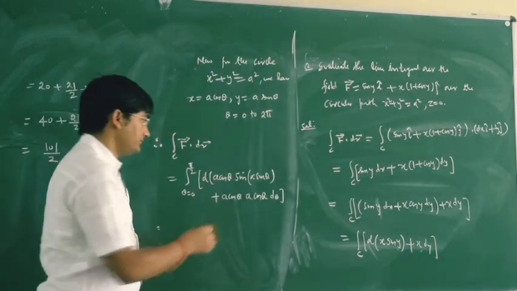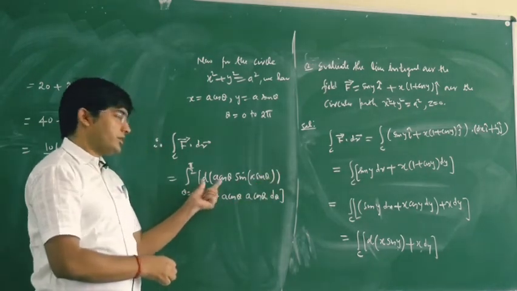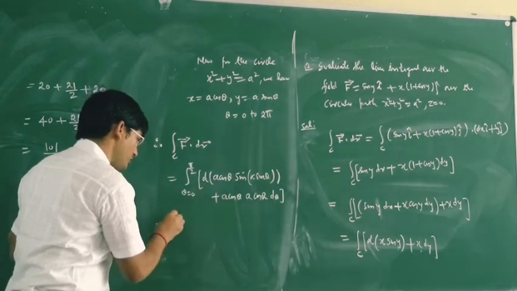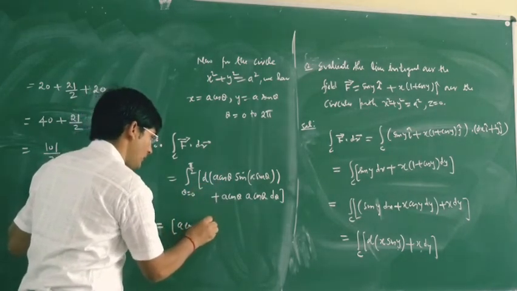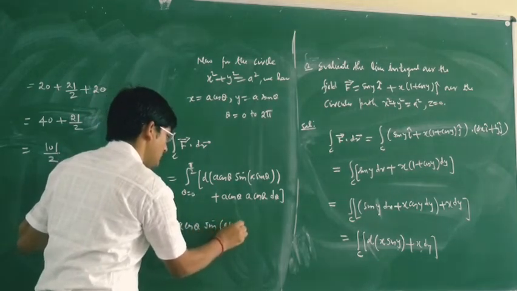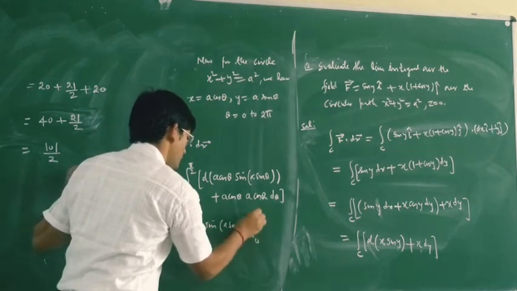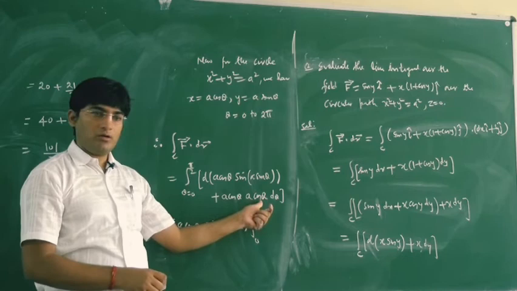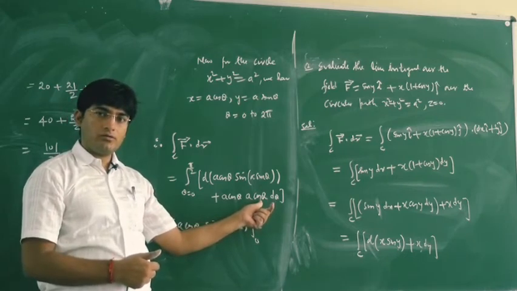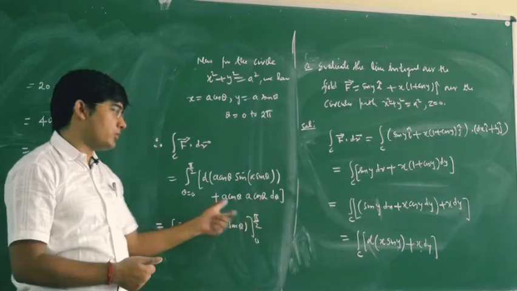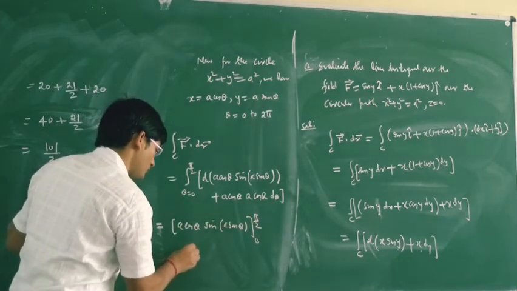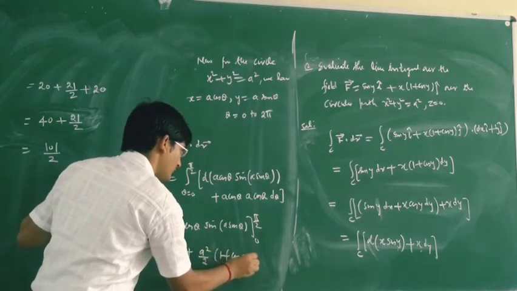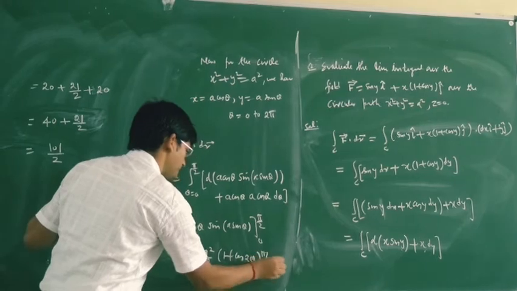Now for the first part, the integration of this d will be equal to, now this differentiation sign will get removed, so we have a cos theta into sin of a sin theta, and then the integration from 0 to pi by 2. Now for the second part, this is your a squared cos squared theta. As your cos 2 theta is 2 cos squared theta minus 1, so this will be 1 plus cos 2 theta upon 2. So now the second part will be your a squared by 2, 1 plus cos 2 theta, and then your theta will be from 0 to pi by 2.